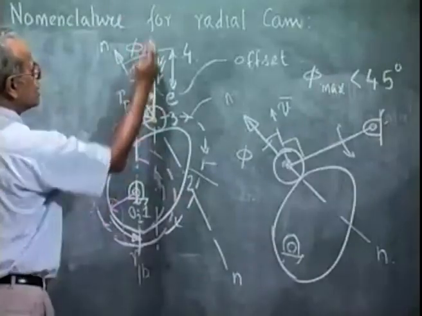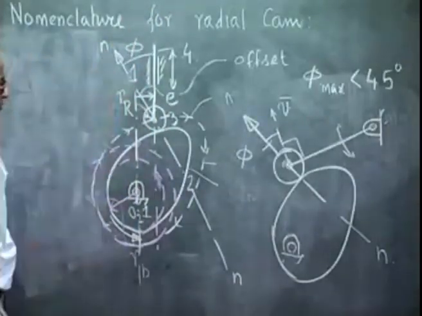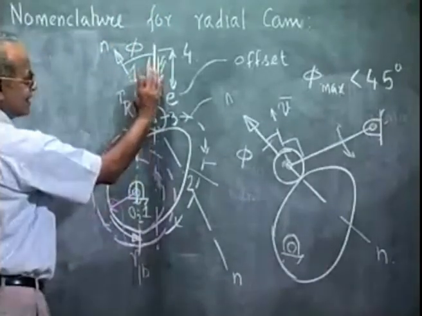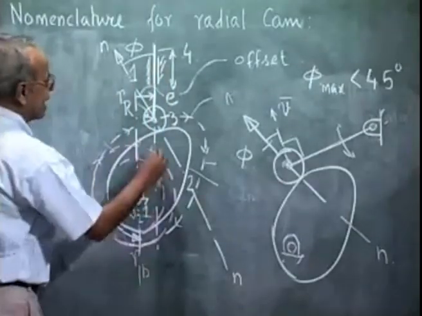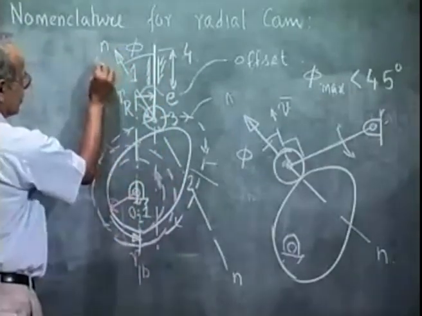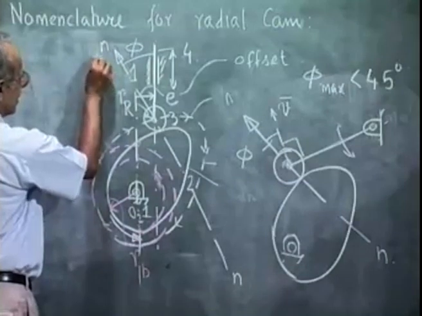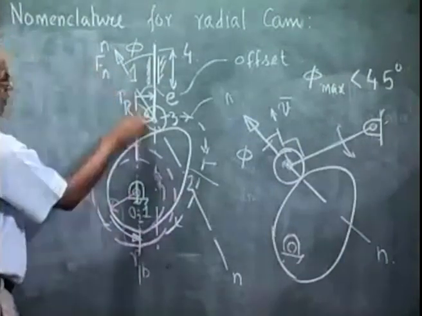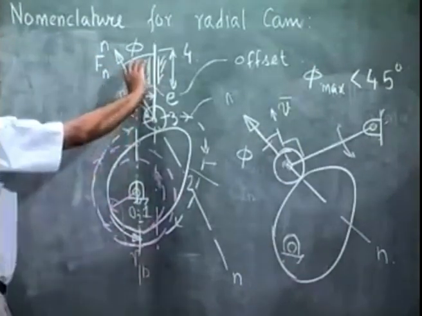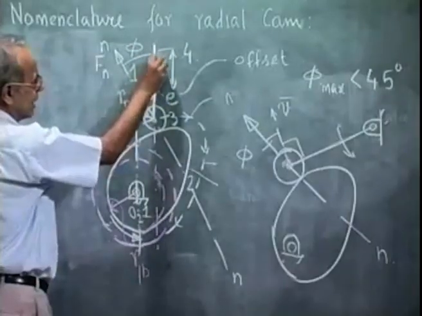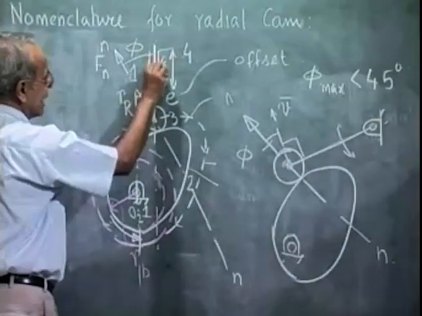As the follower is pushed out from the cam shaft, it is compressing against the spring, and this contact force, let me call it Fn, this is the normal force, has a tendency to rotate the follower in its bearing in this guide.